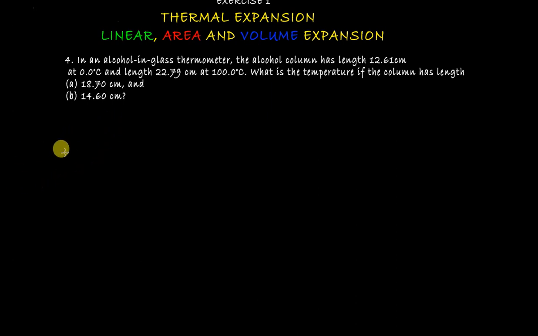So one thing that you need to understand is that this is an alcohol in glass thermometer. What we've been given in this question is just the temperature and the length.